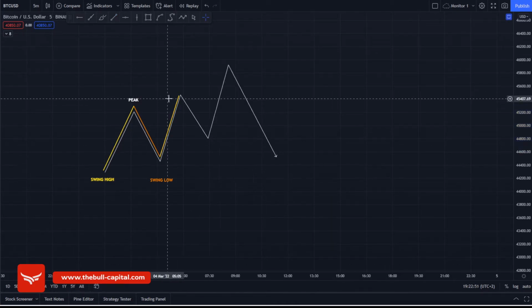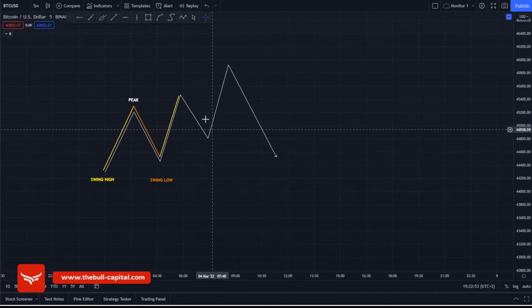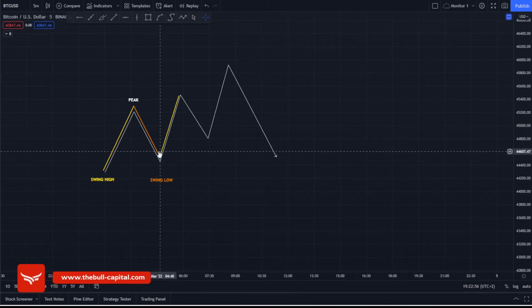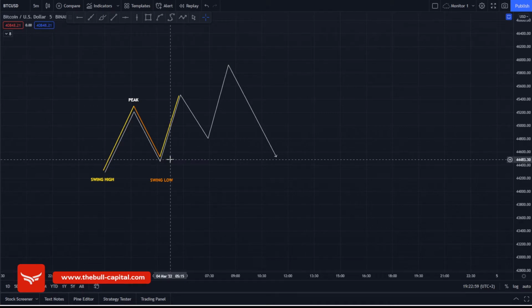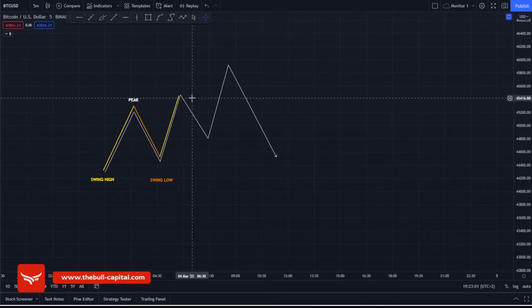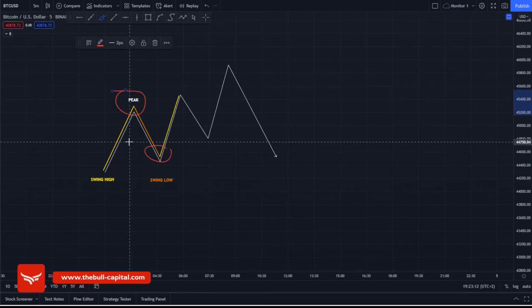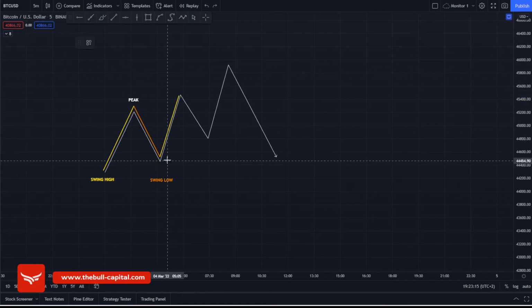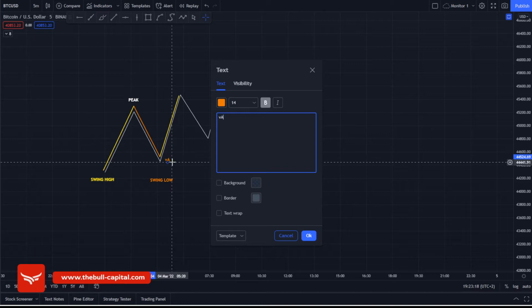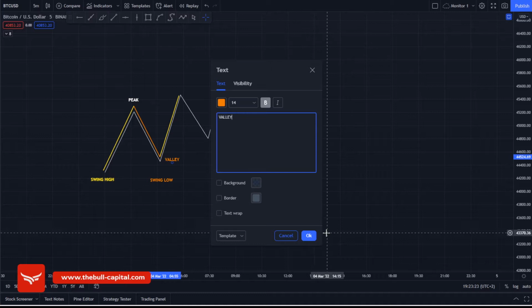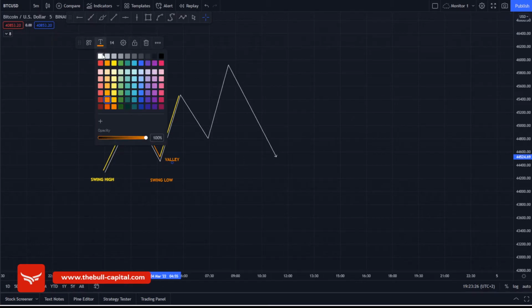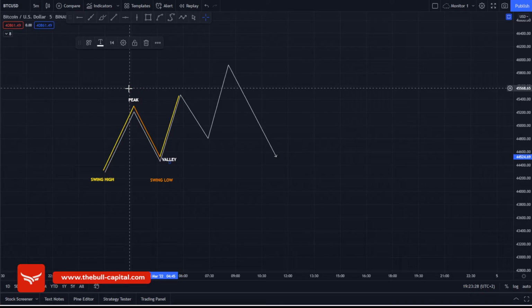Now where the price stopped going lower and started to move higher, it creates a valley. Okay, so this is a valley and this is a peak.